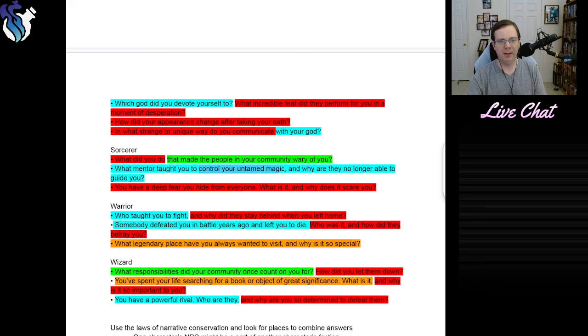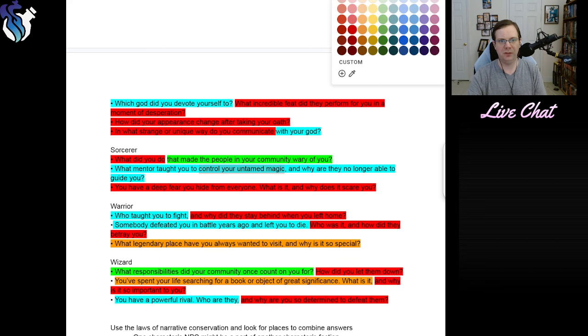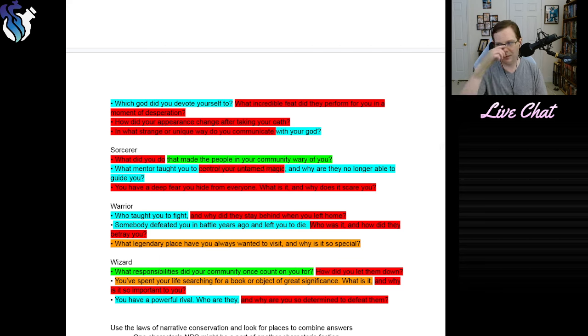Control your untamed magic also kind of speaks to character, right? This idea that sorcerers are often characters for whom there is like a theme of control or loss of control to play with or explore. They're no longer able to guide you, which means you kind of have to figure it out for yourself, or you have to find another mentor, or you have to deal with your relationship to your magic on your own, right?